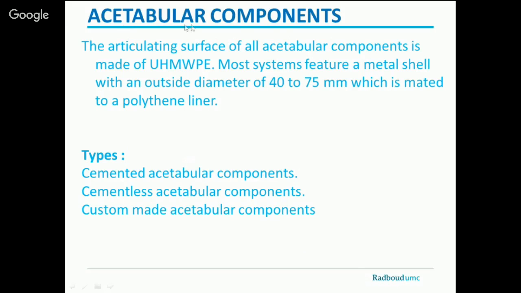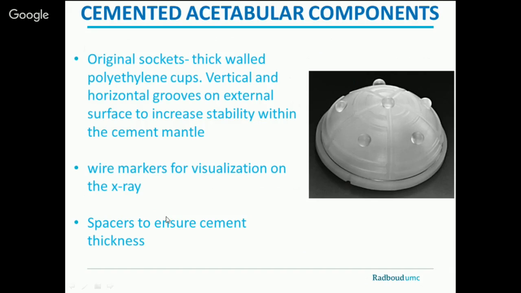Okay, we look at acetabular components. And the acetabular components can have an outside diameter, which have to accommodate, of course, the diameter of the acetabulum of the patient. And there are three types of acetabular components: cemented, cementless, or sometimes custom-made implants. So this is a typical cemented cup. I have it here as well. And you can see here the adhesive.